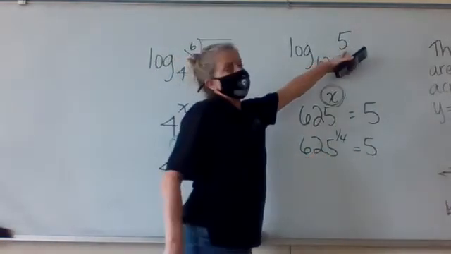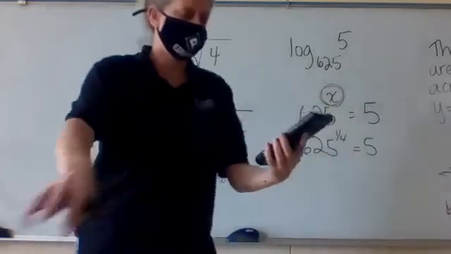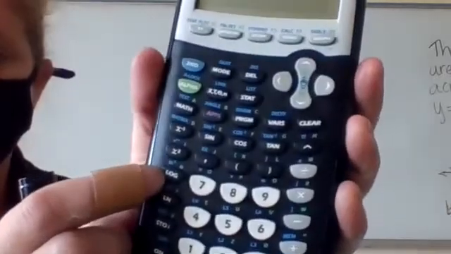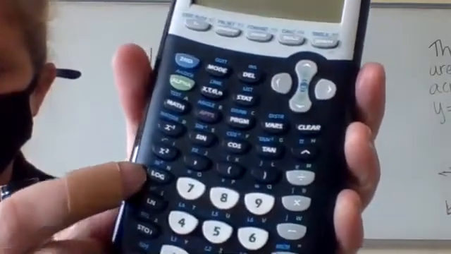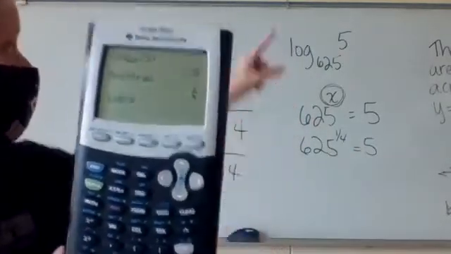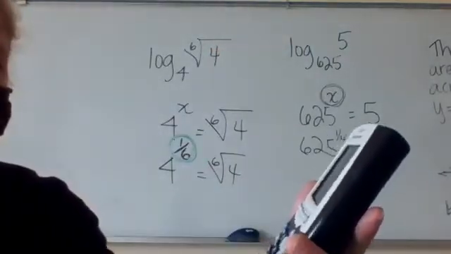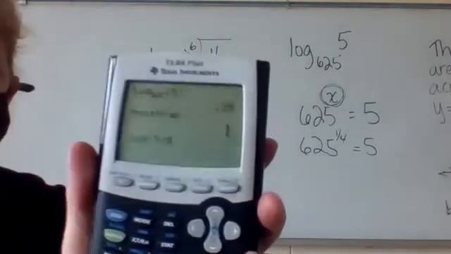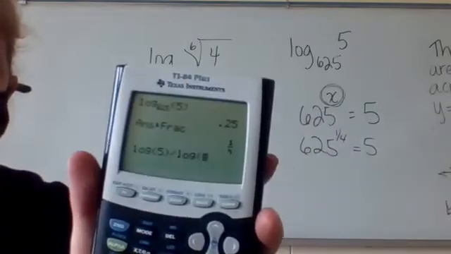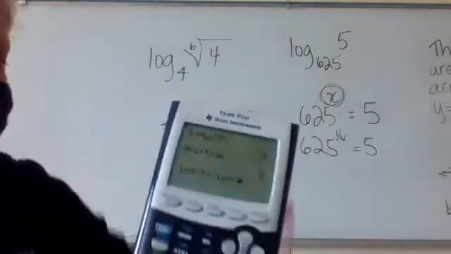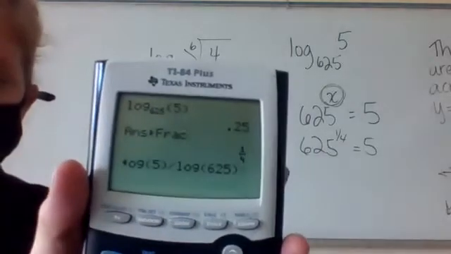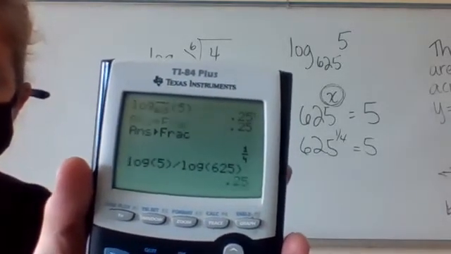You can do log of this number. You should have a log button if you have a graphing calculator, even if you don't have the log base in your math function. You still have this log button. So do log of that top number, which is 5, divided by, again, log, and then do your base number, which is 625. And hit enter.